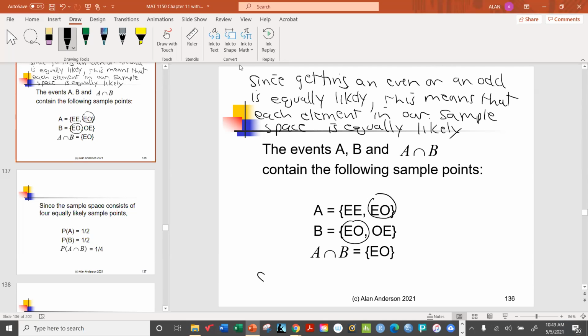And since there are 4 elements, that simply means that each one has a probability of 1/4.